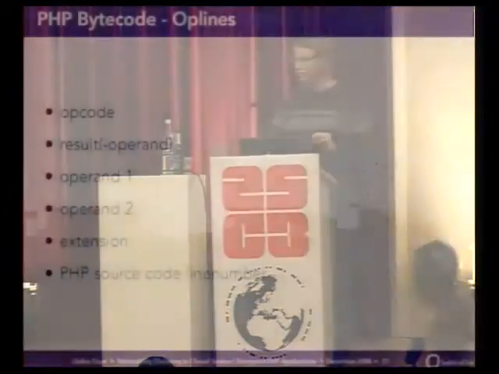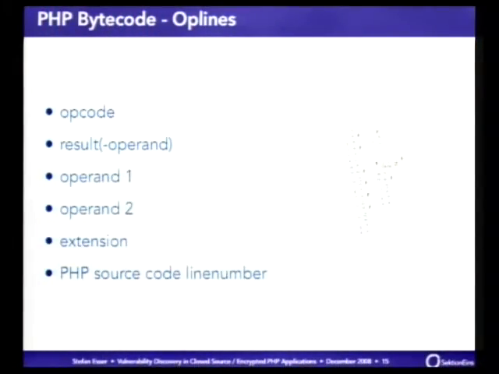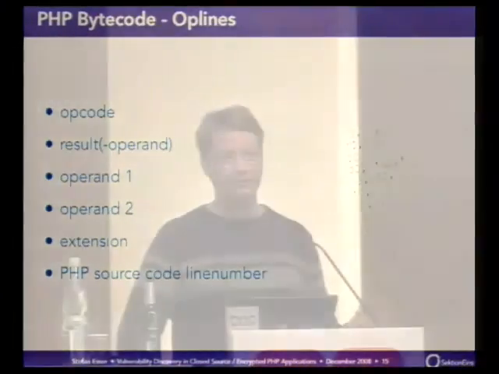They are all very high level, and then you have an optional result operand, and you have 1, 2, or 3 optional operands. Here on the slides you only see operand 1 and operand 2 because in the beginning there were only 2 operands, 1 and 2, but some of the opcodes require more operands and then they are stored in the extended value. And there are very few, like 3 or 4 opcodes that still need more operands, and then they take 2 opcode lines in the opcode array.